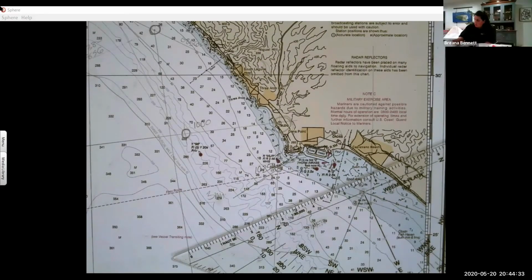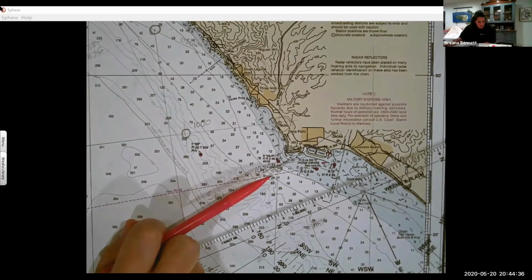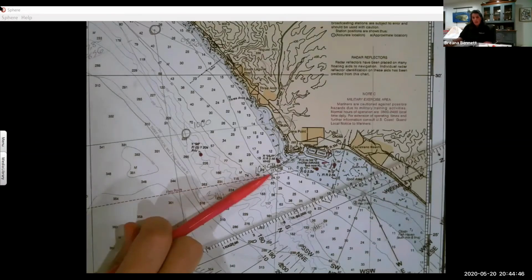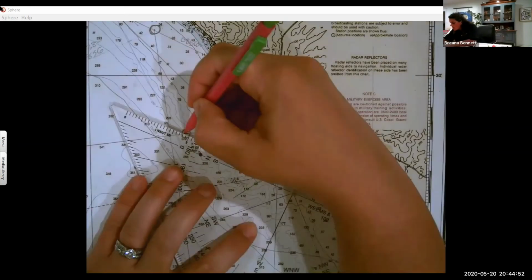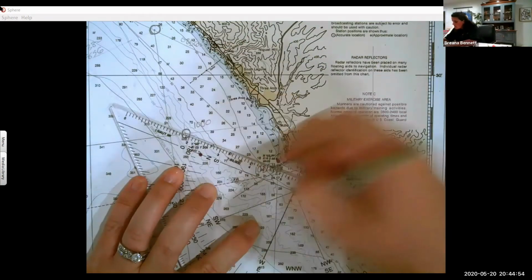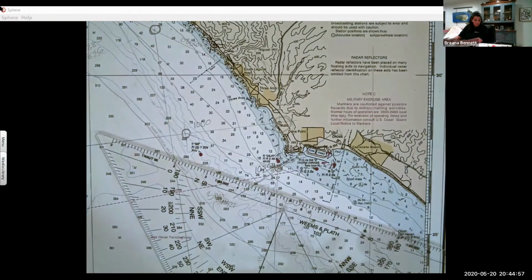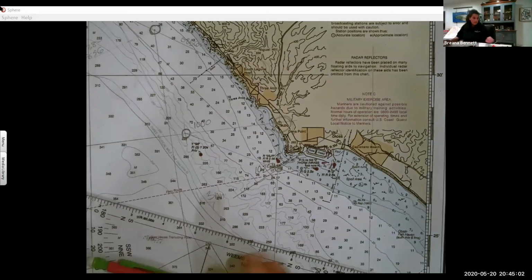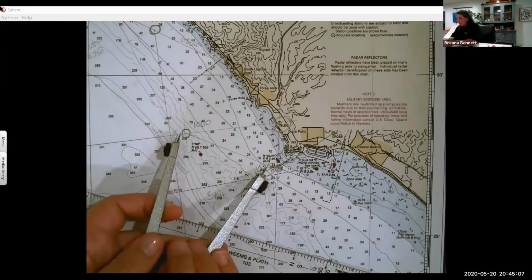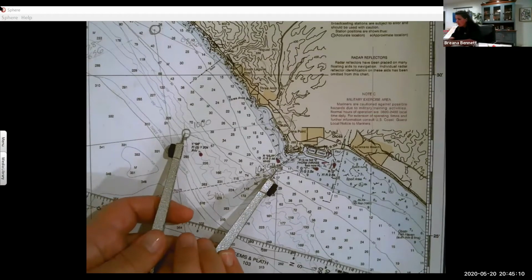Okay, so it asked us what our position was. And then it said, how far did you cruise between these two fixes? So that's going to be your 10 o'clock and your 10:25. So if we go over ground, we could connect those two lines. It didn't ask us for a course over ground, but I connected the lines anyways. We get our distance between these 2 points.